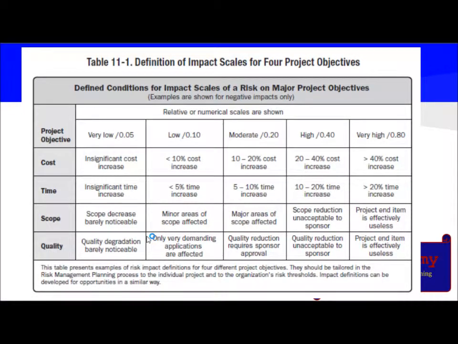So this is just for your reference. It should not be taken as it is, and it depends and varies from project to project and should be developed looking at your organization and your project.